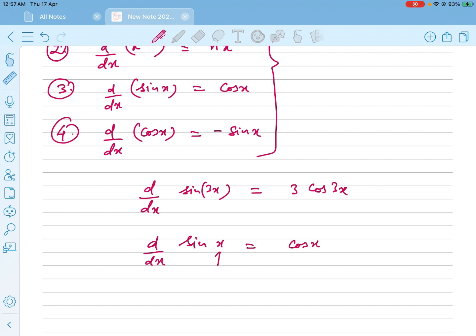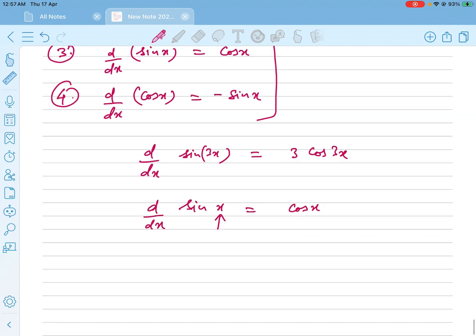If I have anything other than x, instead of x we have anything else. Let's assume that I want to find out the derivative of sine elephant, right? I told you, anything other than x.